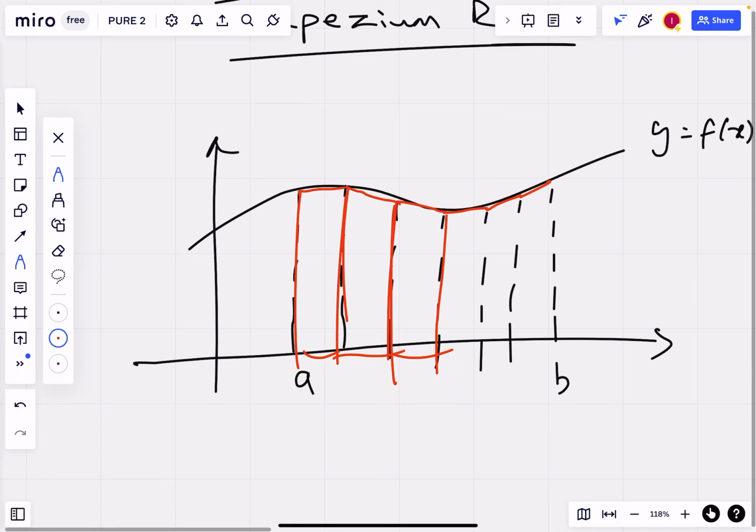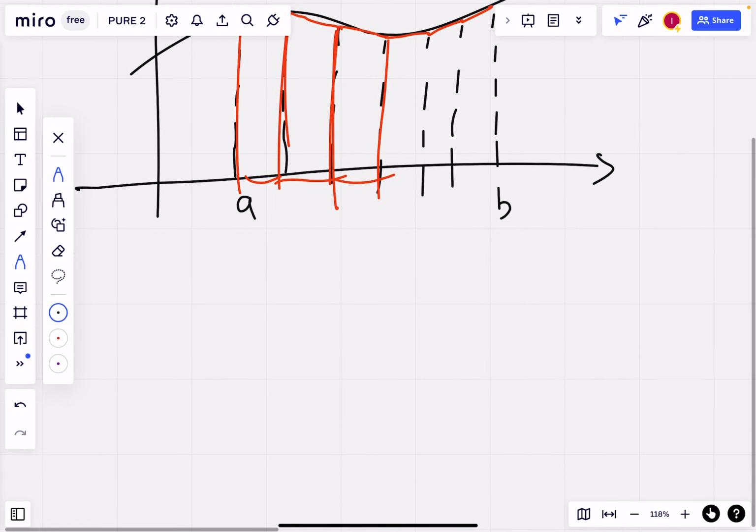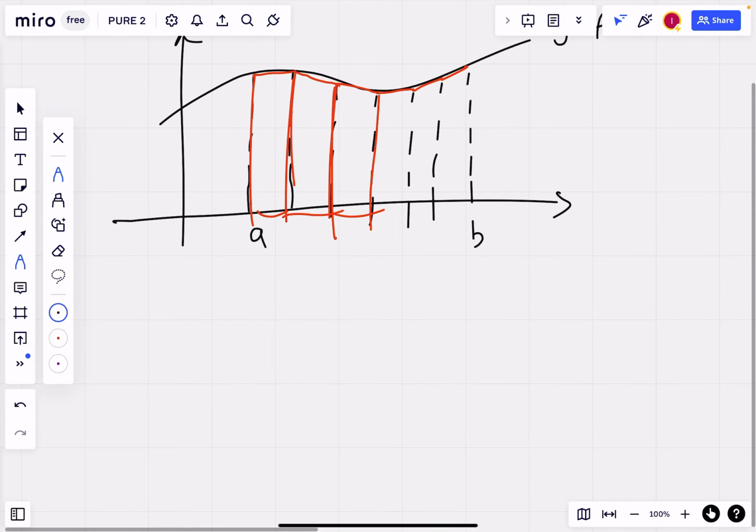So this whole process is known as the Trapezium Rule. And there is a formula for the Trapezium Rule. It looks like this.